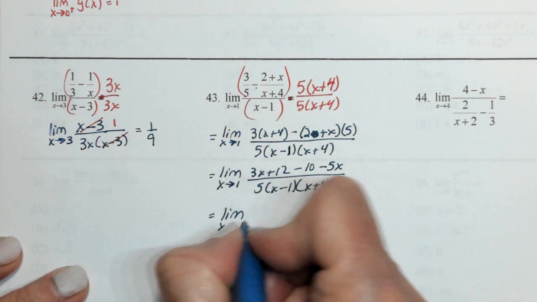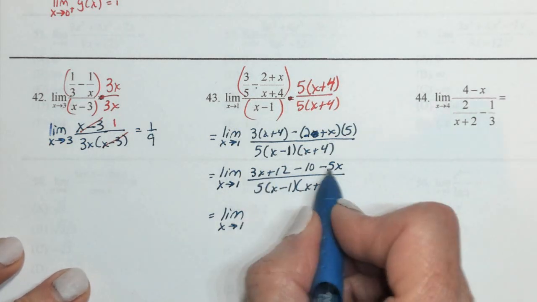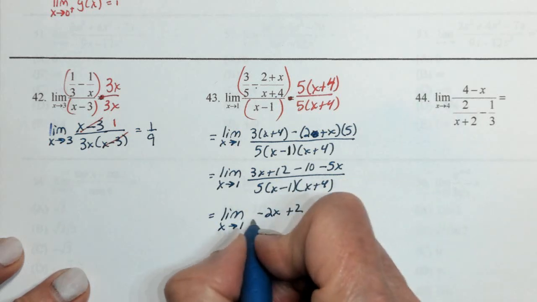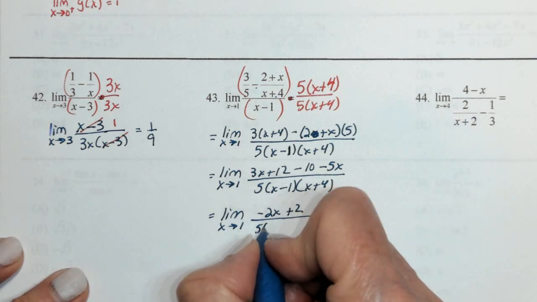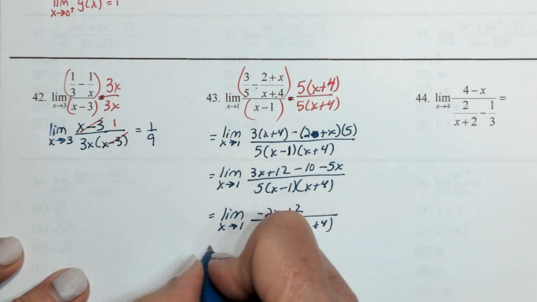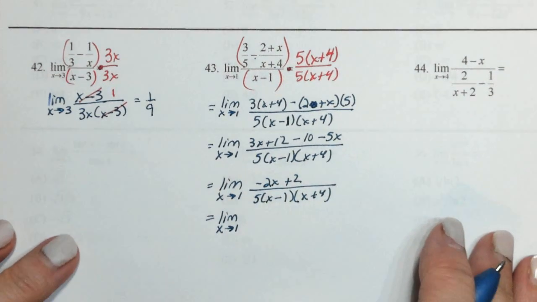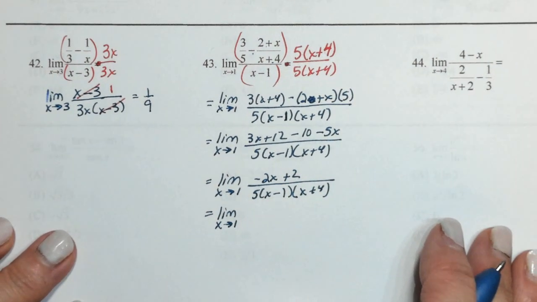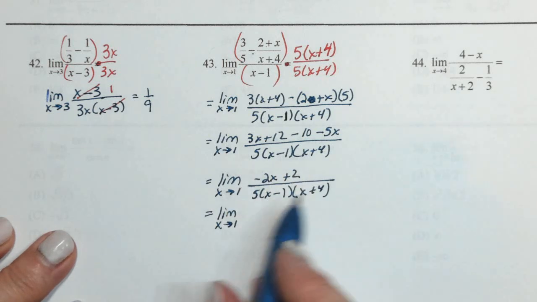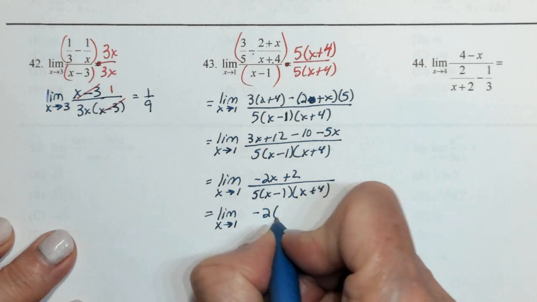Notice how I continue to write my limits because I have not taken the limit yet. Okay, here I have a negative 2x and a plus 2. We're getting there. Up on top, I'm going to factor out a negative 2, because if I factor out a negative 2, I'm going to get an x minus 1, which is what I've been looking at getting rid of.